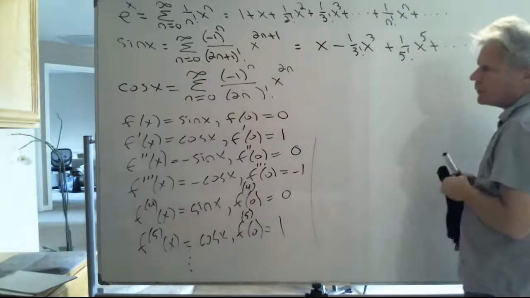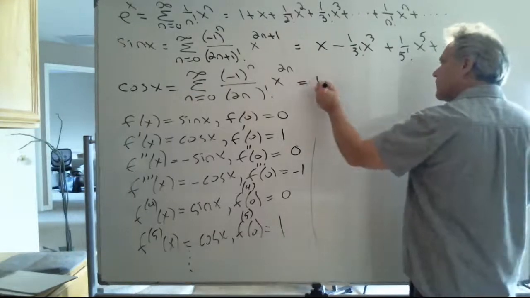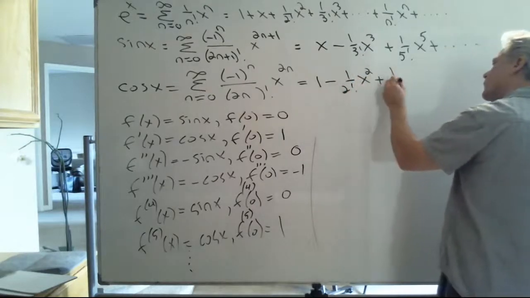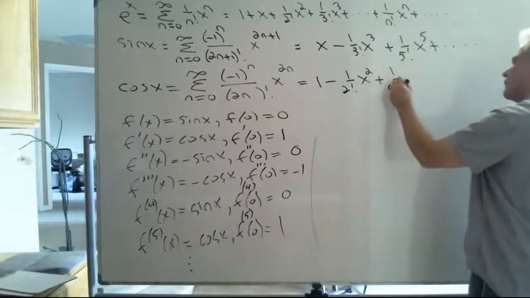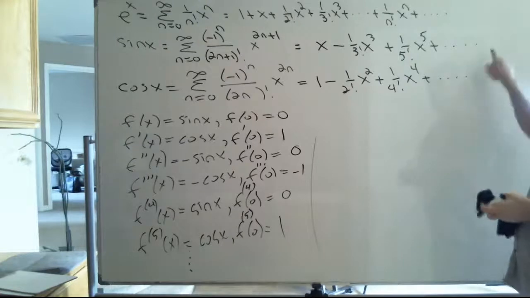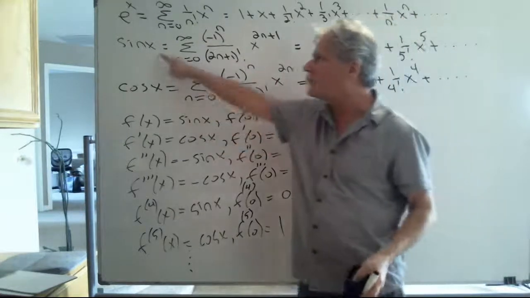So if you want to take a peek at what that looks like in expanded form, it's just my first term, which is positive 1, minus 1 over 2 factorial x squared plus 1 over 4 factorial x to the 4th and on. I'm running out of room to generate the nth term, but the nth term is simply this and this for these two functions respectively.